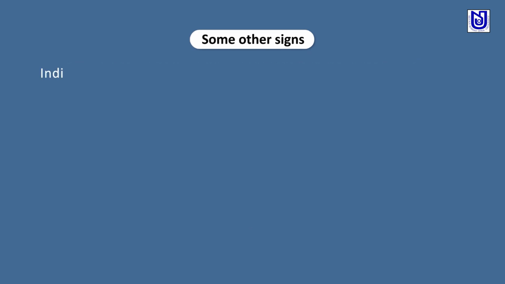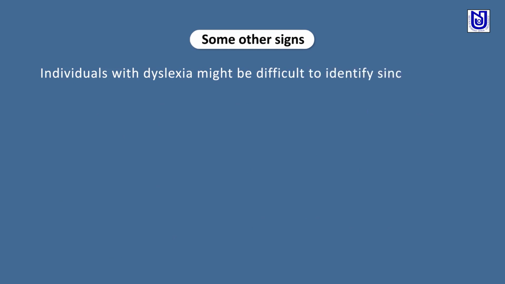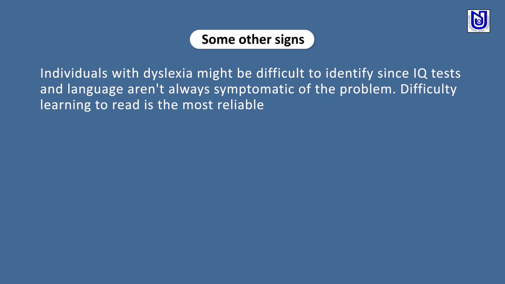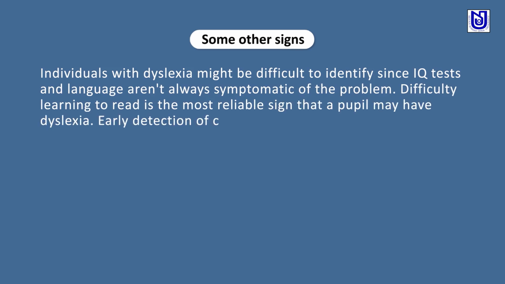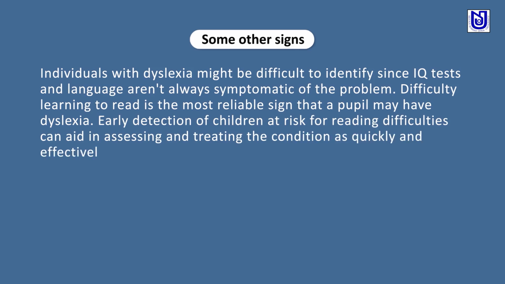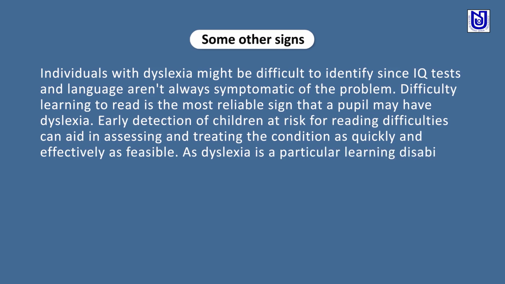So, we can say that individuals with dyslexia might be difficult to identify, since IQ and language tests are not always symptomatic of the problem. Difficulty learning to read is the most reliable sign that a person may have dyslexia. Early detection of children at risk for reading difficulties can aid in assessing and treating the condition as quickly and effectively as feasible.